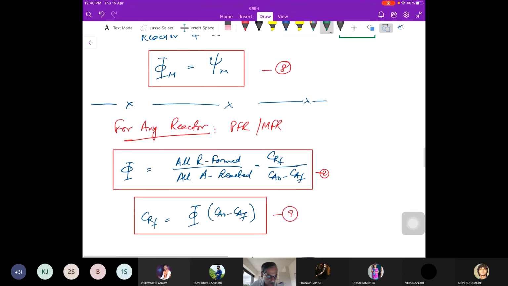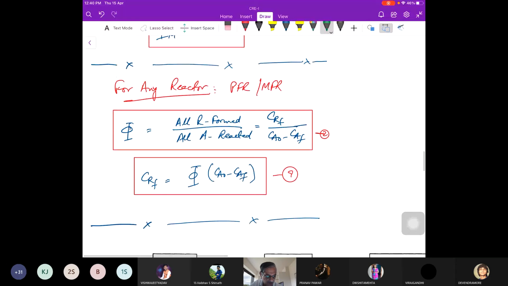Okay. If not, then let's see, for any reactor we know that phi is equal to total R formed upon total A reacted, CRF upon CA0 minus CF, and CRF is equal to phi into CA0 minus CF. So if you can find the value of phi, we can find the value of CRF for any reactor.